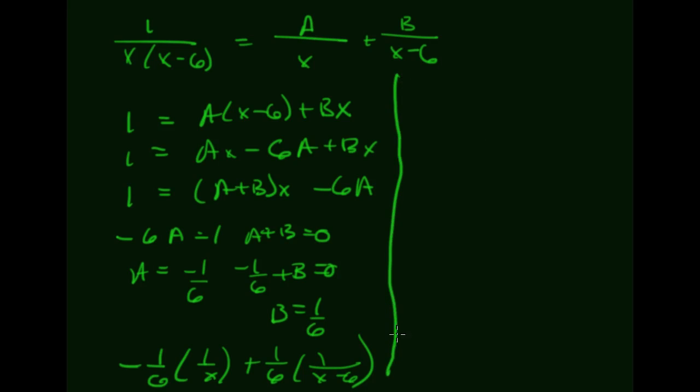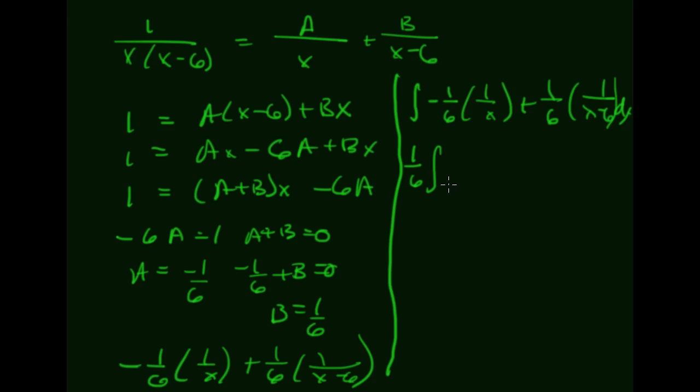The next part of this is to actually take that integral or the antiderivative. Pull out the 1/6, right? So if I pull out a 1/6, I'm going to get 1 over x minus 6 minus 1 over x dx.